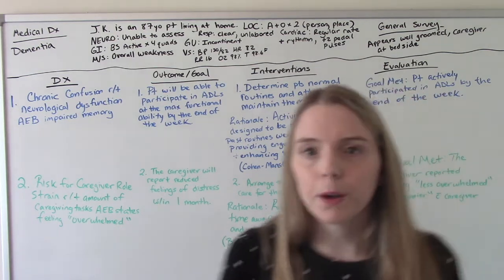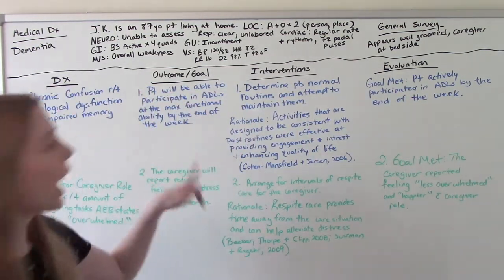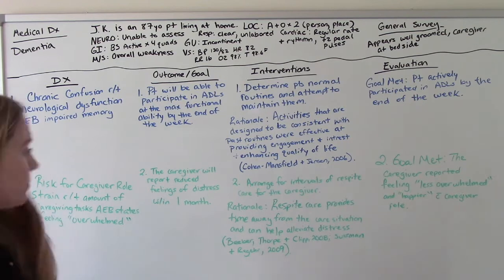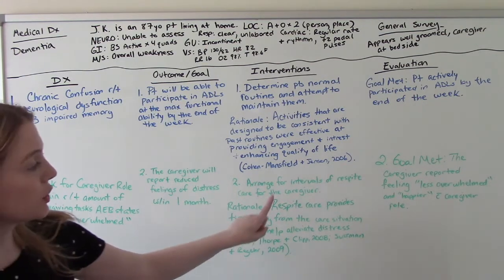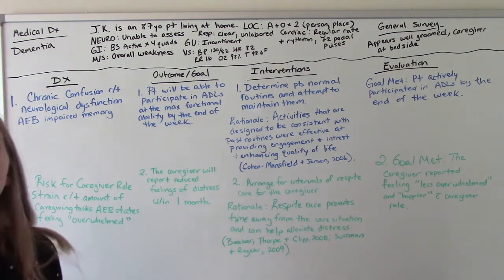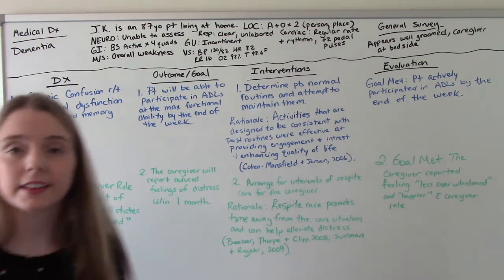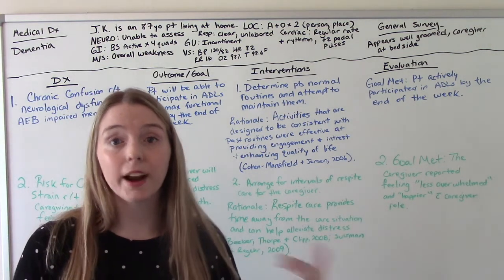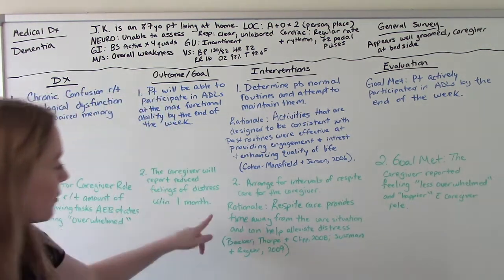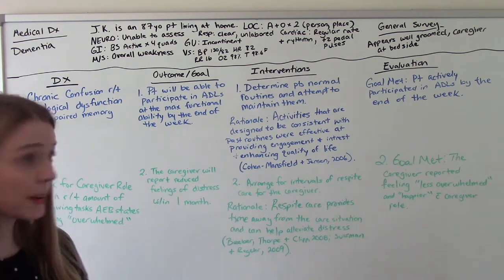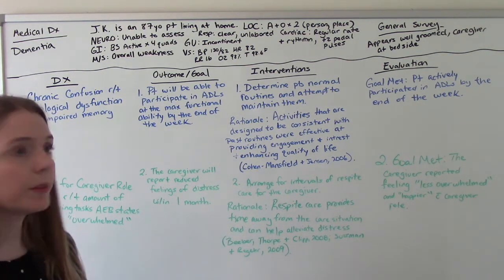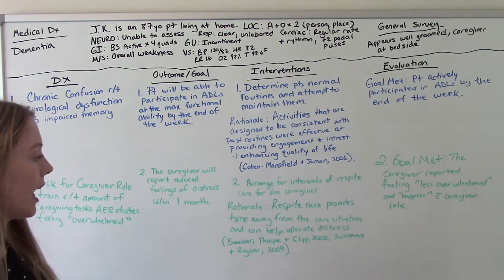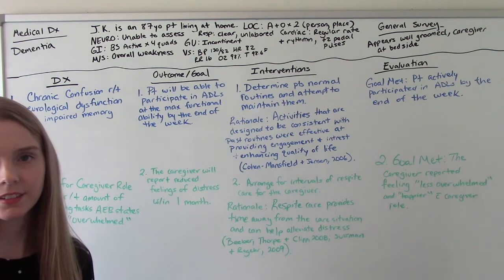So, appropriate time frames. How are we going to do that? What's our intervention? Arrange for intervals of respite care for the caregiver. So basically, let the caregiver get a break, okay? So our rationale, respite care provides time away from the care situation and can help alleviate distress.